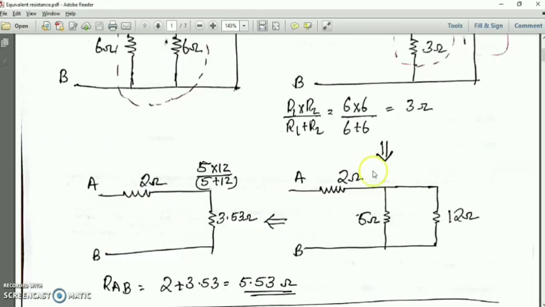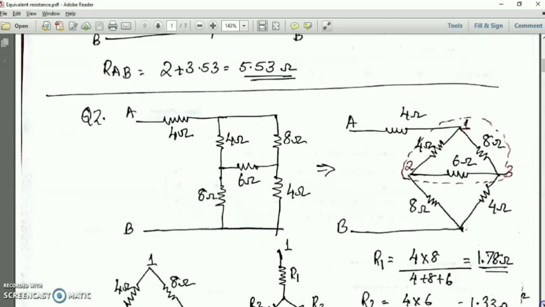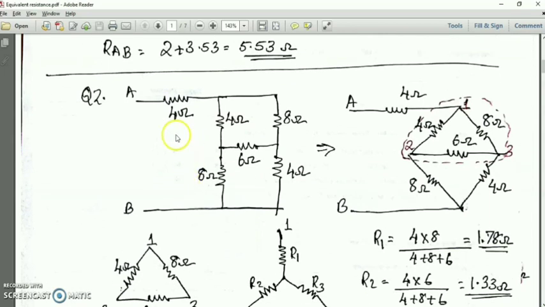Just look. So I am going into the solution of the second question. So look here. So this was my circuit. Okay, so I have just simplified it in this form. This 4, this end and this end, nothing is in between, so we can convert it to this form.